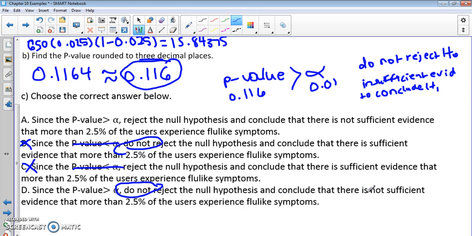And we conclude that there is not sufficient evidence that more than 2.5% of the users experience flu-like symptoms at the alpha equals 0.01 level of significance, right? I'm going to add that little bit there. Because if our level of significance changed, then our result might change there.